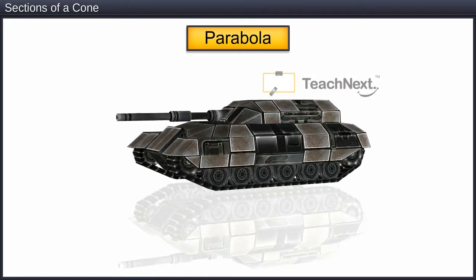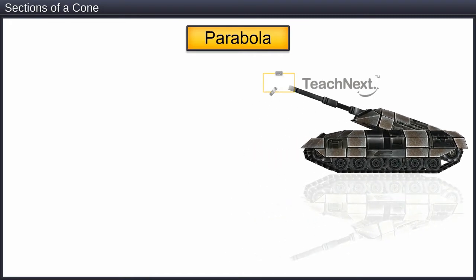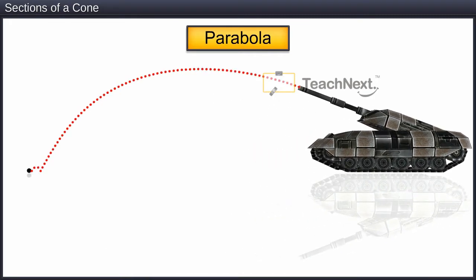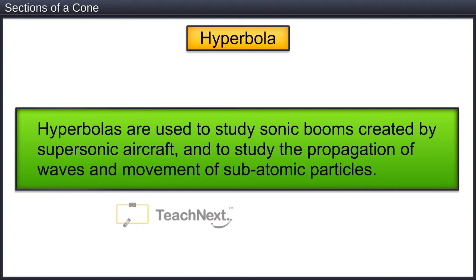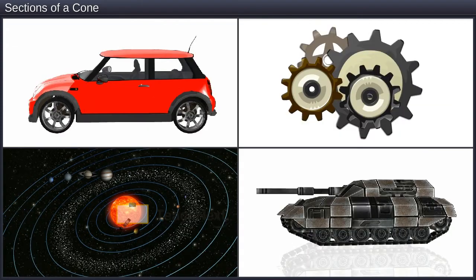Parabolas are used to study the trajectories of projectiles. Hyperbolas are used to study sonic booms created by supersonic aircraft and to study the propagation of waves and movement of subatomic particles. Thus, the study of these conic sections finds many practical applications in different branches of science.